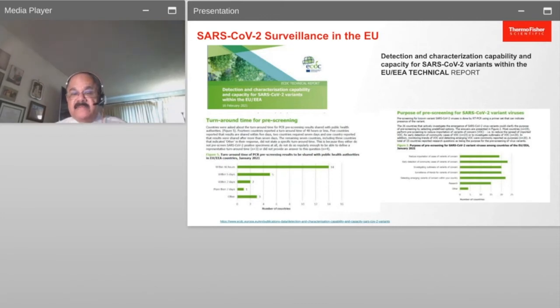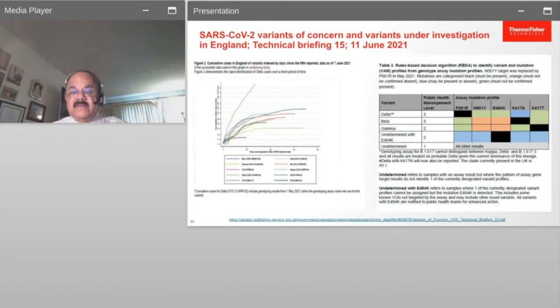A good example of this is in the UK, as you'll see on the graph on the left. The curve that you see in blue to the extreme left of this graph is the one showing the increase in Delta variants in the UK. So the UK has been using a panel of mutations from what we supply.